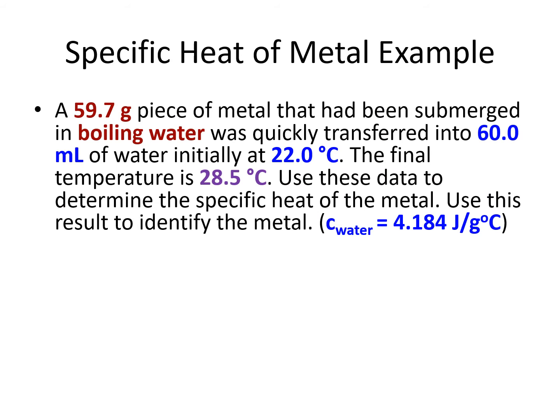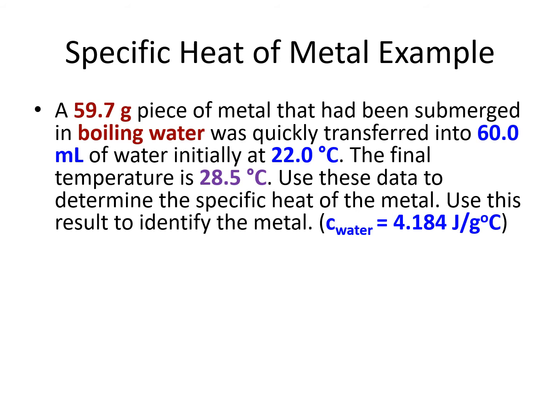So let's look at this example for calculating a specific heat of a metal using calorimetry. We're told that a 59.7 gram piece of metal was submerged in boiling water and then transferred to 60 milliliters of water that had an initial temperature of 22 degrees Celsius.